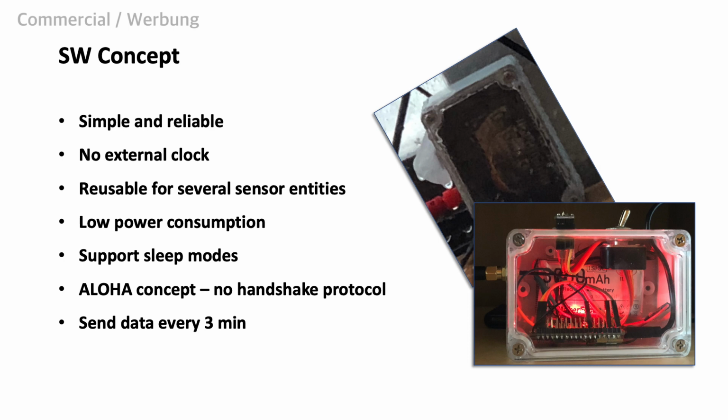I also have to mention that the regulatory bodies in the countries define limits for the duty cycle. In Europe, it is 1% maximum in the 868 MHz frequency band. In addition, there is a so-called fair use policy from the Things Network community.